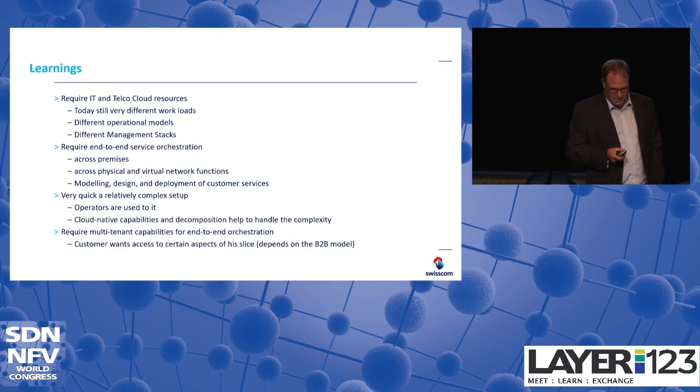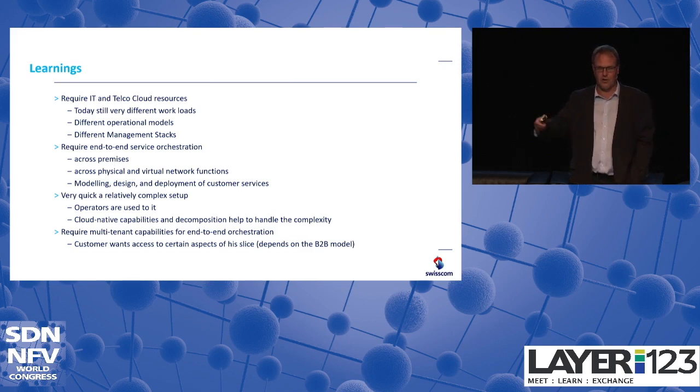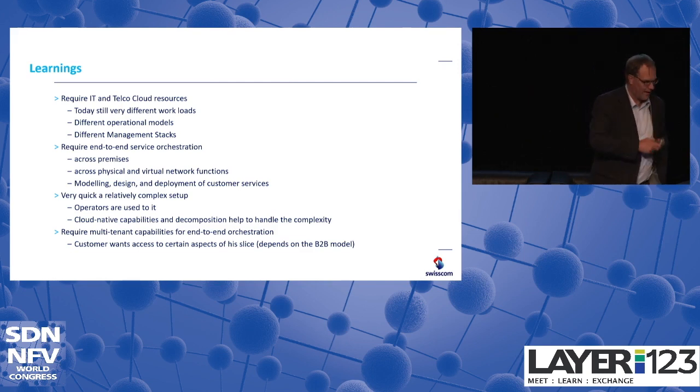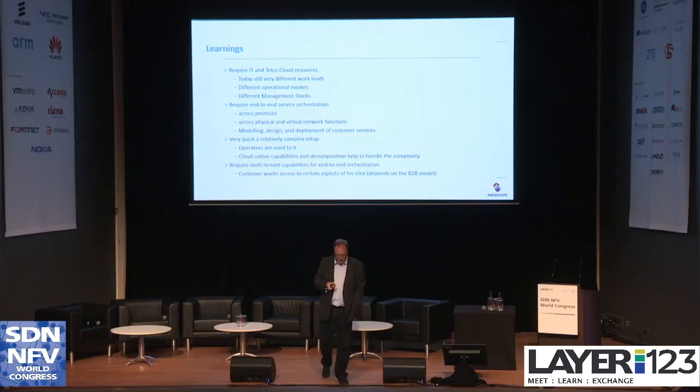It's not terribly suitable. We require the end-to-end service orchestration. So across different premises, meaning also on-prem at the customer side, up to our central office, our core, and so on. Across physical and virtual network functions, and we need to model, design, and deploy the customer service on demand.